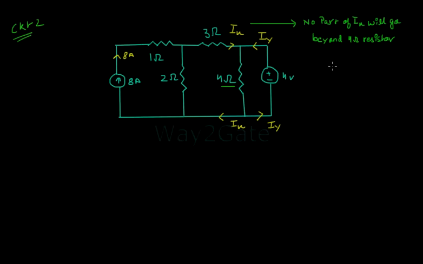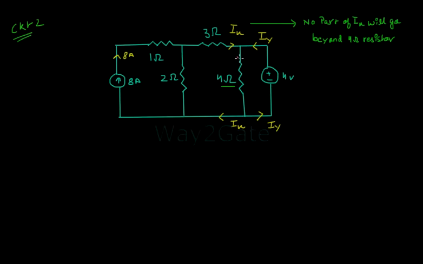Let's find current across 4 ohm resistor using KVL. Also, we know that we cannot apply KVL in this loop as it consists of a current source, as we cannot find voltage across it due to unknown resistance.